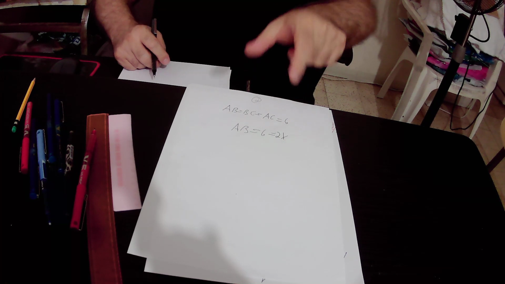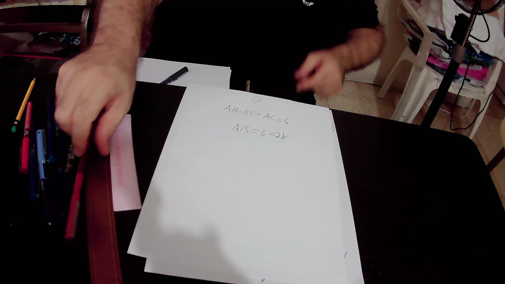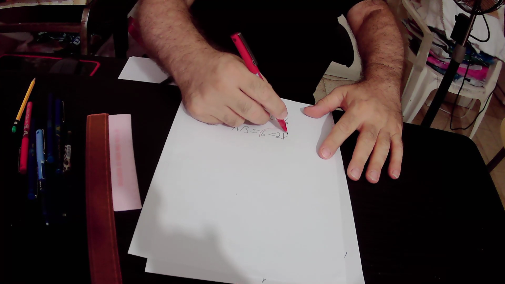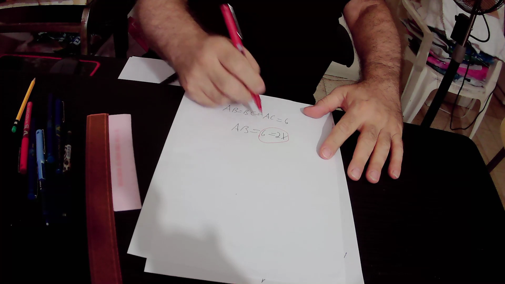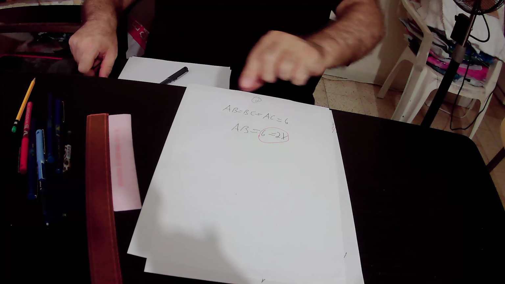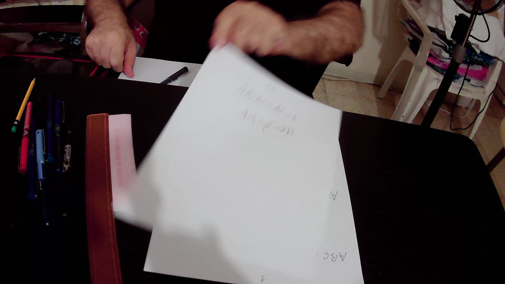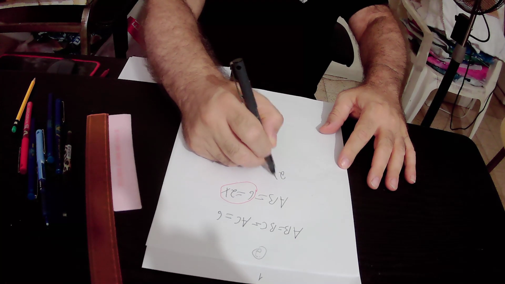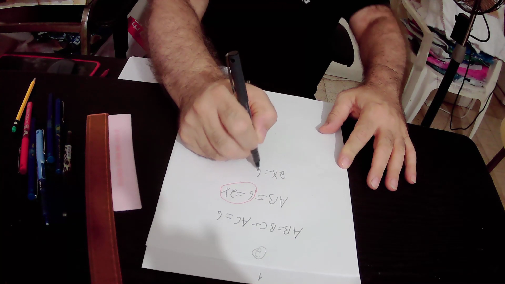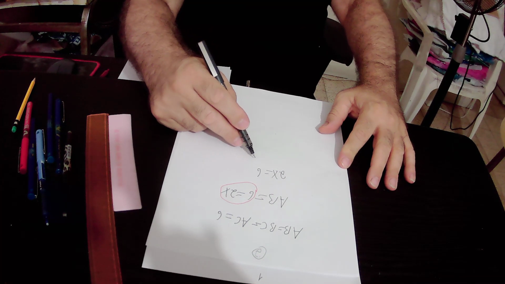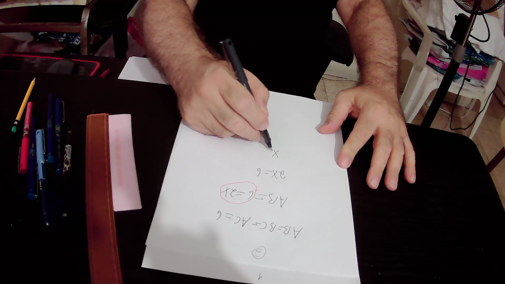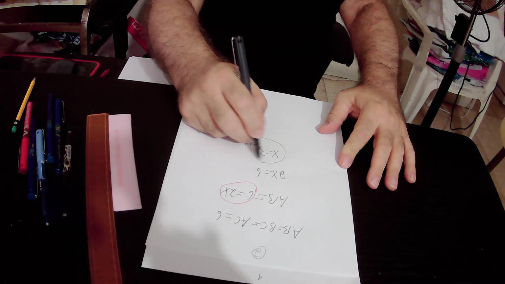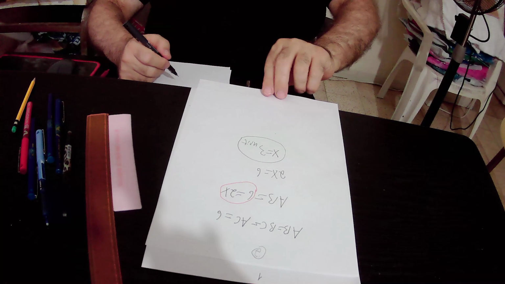So from this equality, we can derive the equality that 2X equals 6 units. And if 2X equals 6 units, we can divide this equality by 2 and we will get that X equals 3 units.